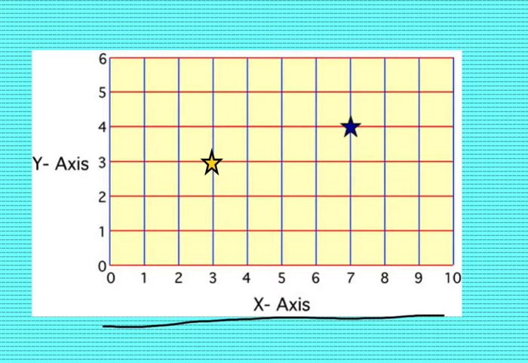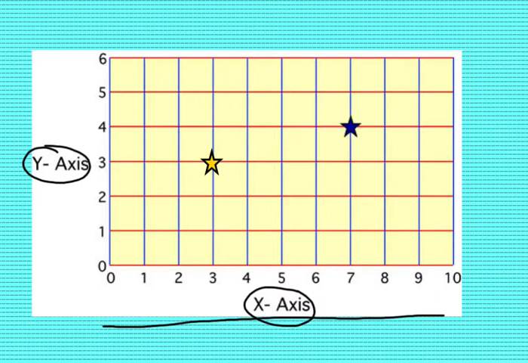But as long as we know that the x-axis runs horizontally along the bottom of our grid, and the numbers on our y-axis run vertically, going up the side, that's the up of our grid.